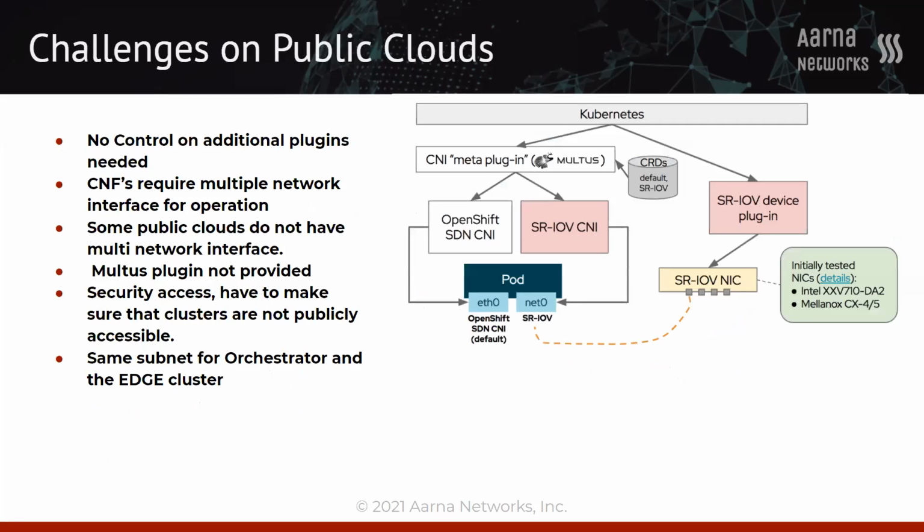Now, going further, what are the challenges that we face in public clouds? One major challenge when deploying on a public cloud is that we do not have any control over the plugins that will be installed as part of the node. In a typical Kubernetes setup, you have different nodes, and on these nodes we have different software pieces running where we deploy the pods.